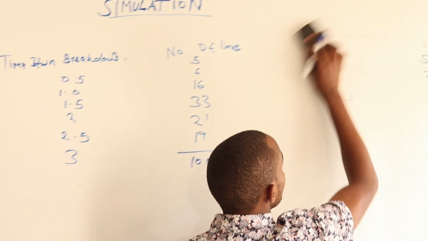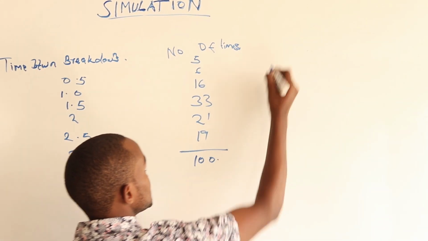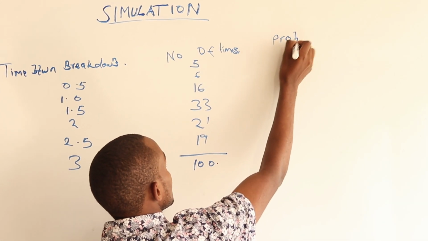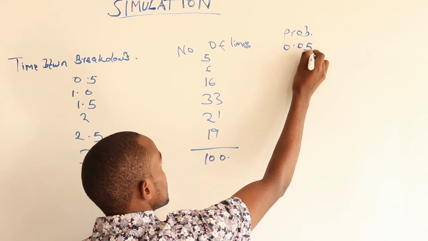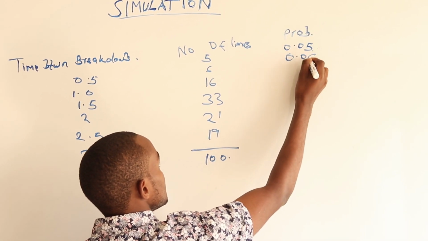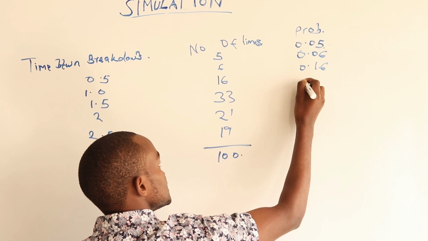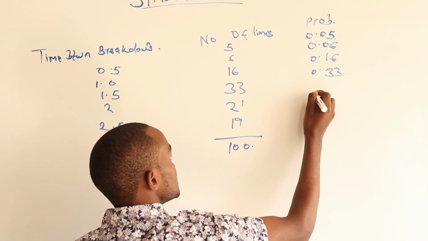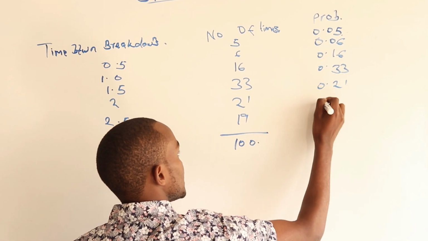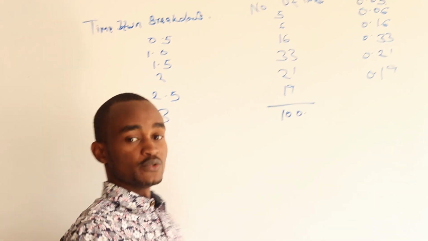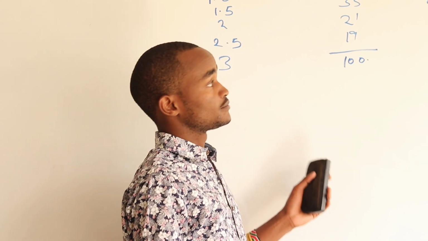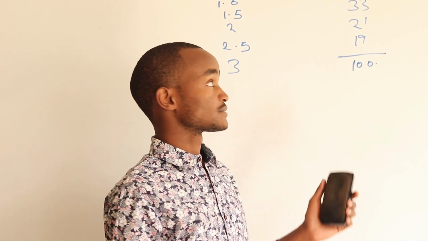So the probability will be 5 divided by 100 will be 0.05. Here we have 0.06, 0.16, 0.33, 0.21, and 0.19.